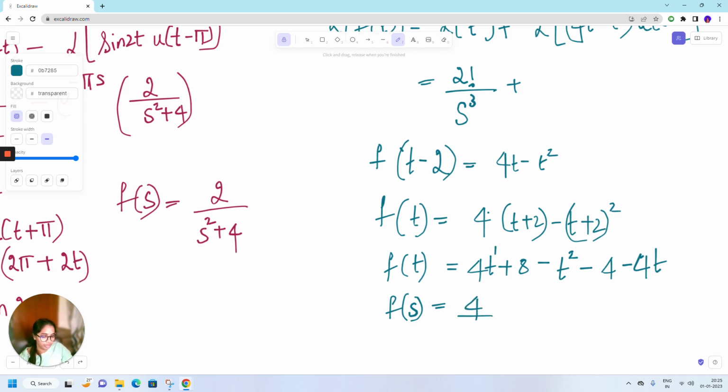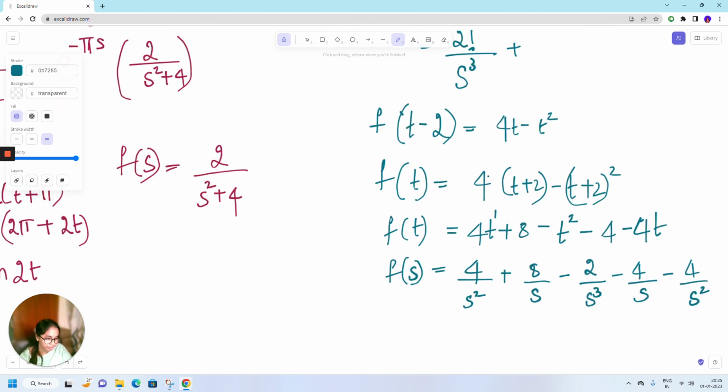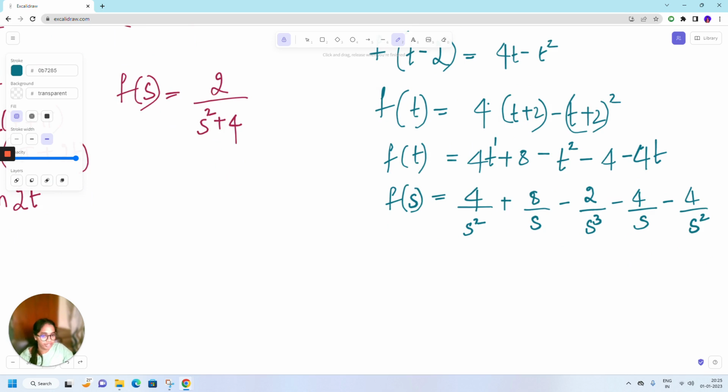So 1 factorial divided by s square, plus 8 divided by s, minus 2 factorial, that is 2 divided by s cube, minus 4 divided by s, minus 4 divided by s square. Yeah, 4 divided by s square minus 4 divided by s square gets cancelled. In the previous step only we could have cancelled. Okay, what else are we left with?